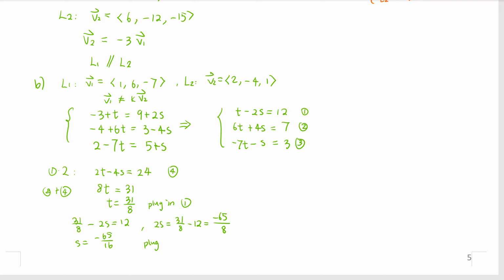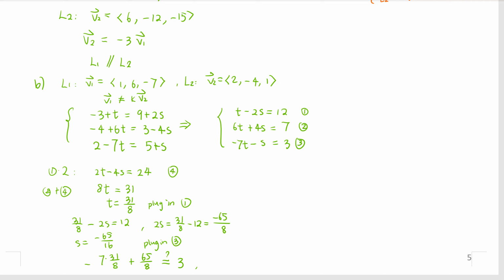Let's plug in to the third equation and see whether it holds. Minus 7t, so minus 7 times 31 over 8 minus negative, which becomes positive, 65 over 8. Does that equal 3? Let's see, 7 times 31 equals 217.